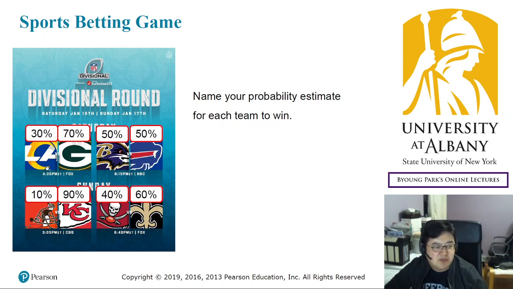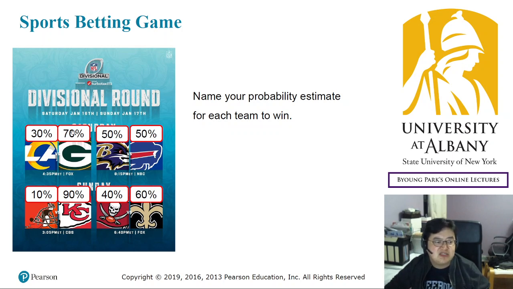Say in the matchup between Rams and Packers, it is just an example. I'm neutral, so I think the Rams are going to win with 30%, and the Packers' winning probability is 70%. Sorry, Rams fans. It is just an example.